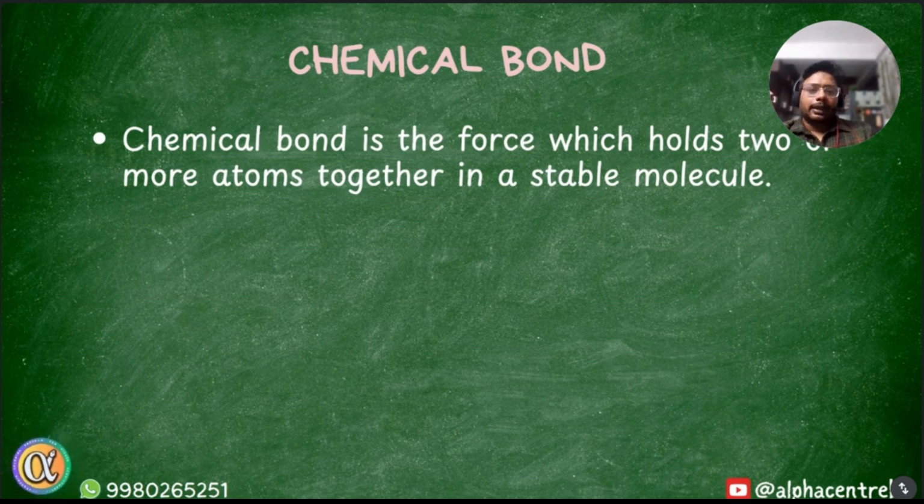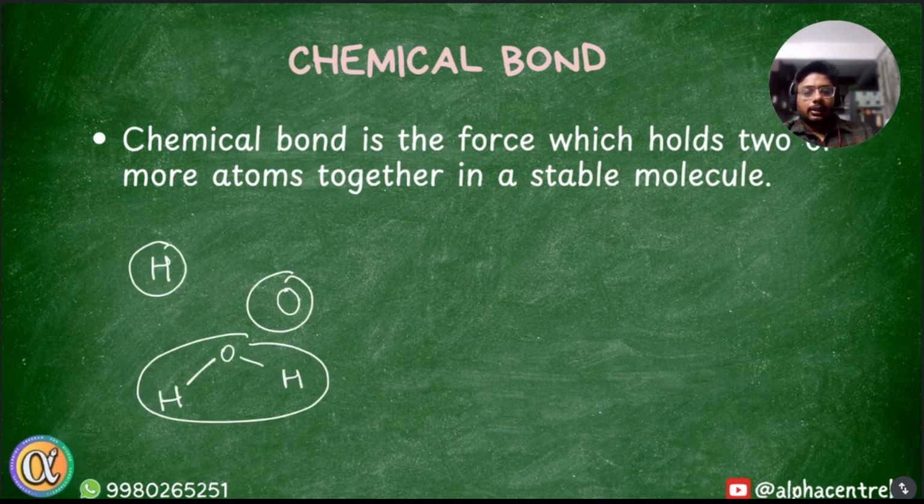Chemical bond is a force which holds two or more atoms together in a stable molecule. This water molecule is a stable compound where oxygen and hydrogen are connected via chemical bonds. The line you see between oxygen and hydrogen is a chemical bond.